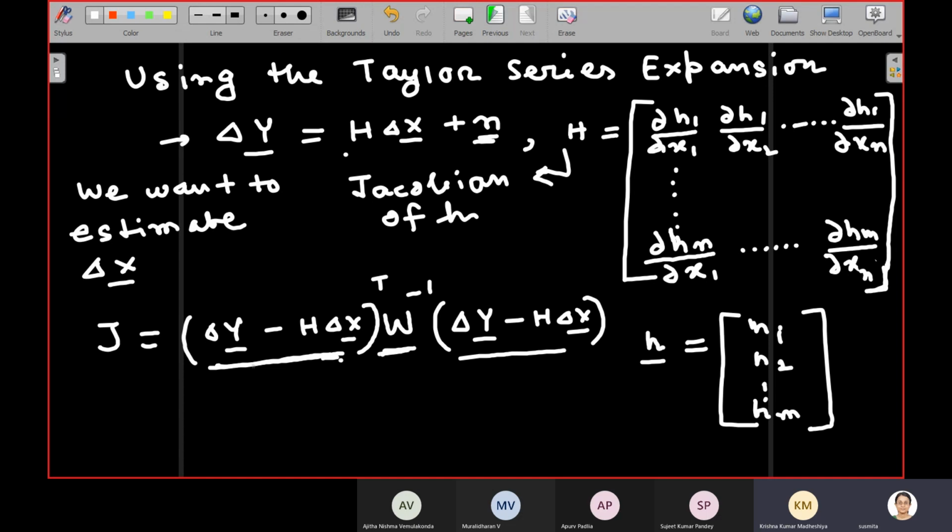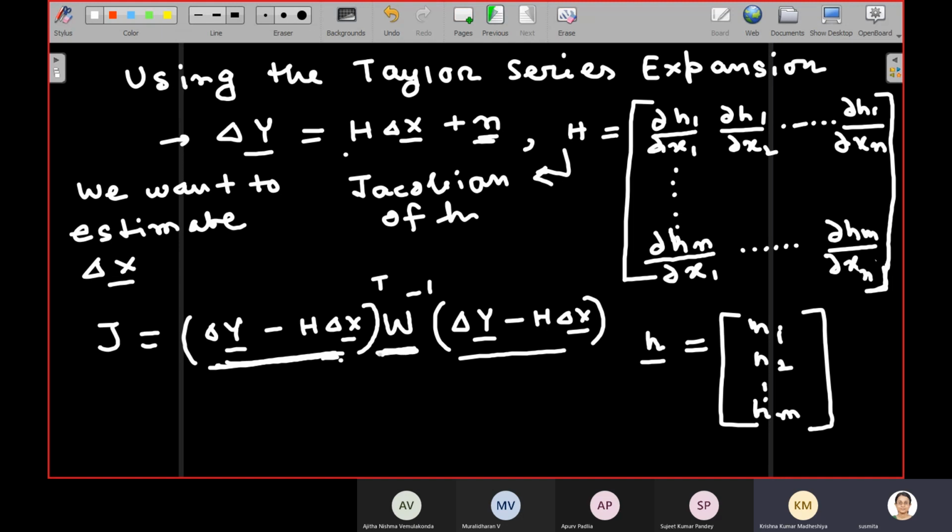If inverse is large, it means we are giving more importance to that particular element. And the reverse happens when the measurement quality is not good. If a particular diagonal element is large, its inverse is small, and therefore we give less importance to that particular measurement. And that information is automatically incorporated by this W inverse.